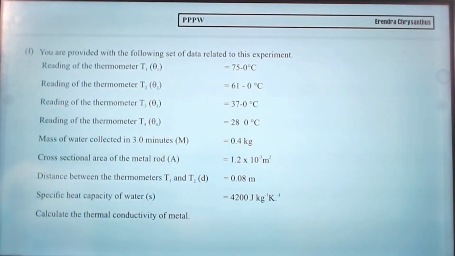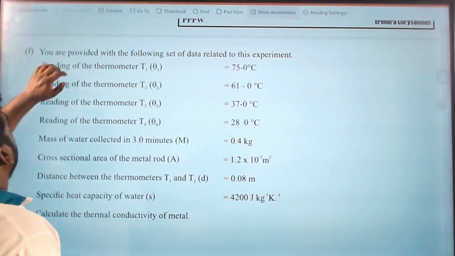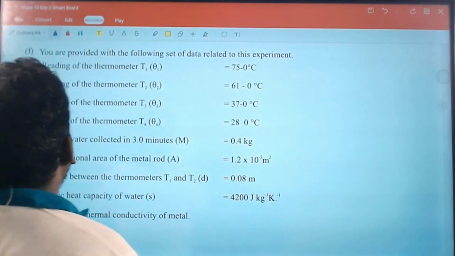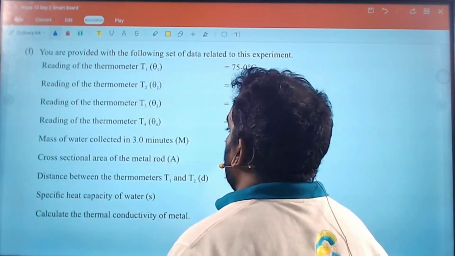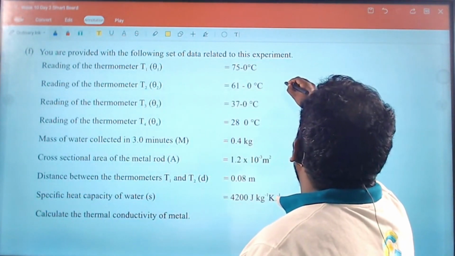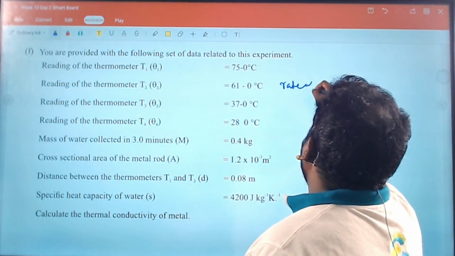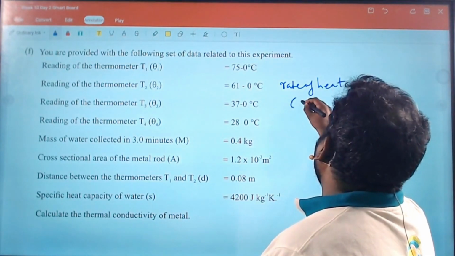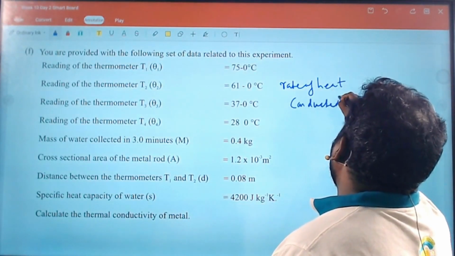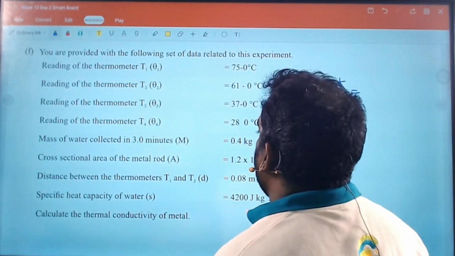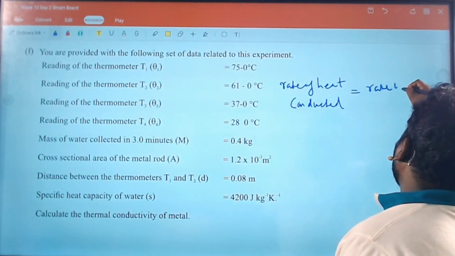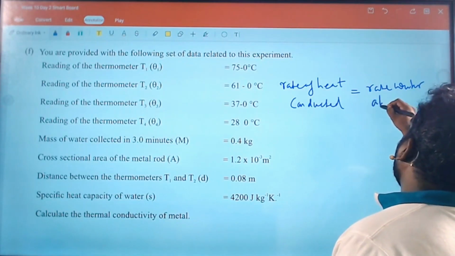You are provided with the following data set. Calculate the thermal conductivity of metal. So, rate of heat conducted equals rate water absorbs heat.